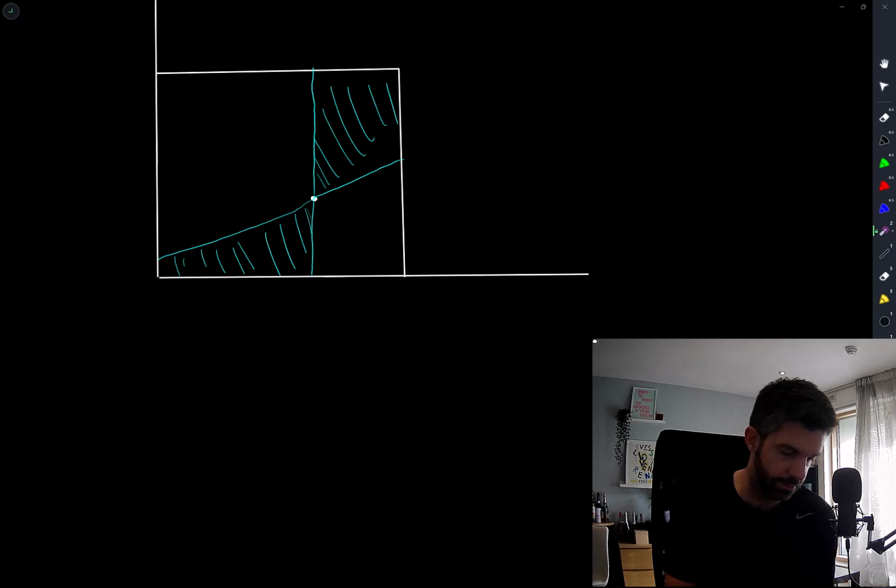Actually, no, what I can do is write this as an integral. Let me first just make sure. Let's find the equation. I'm going to find the equation of this line, because if I know the equation of that line, I can write this as an integral.